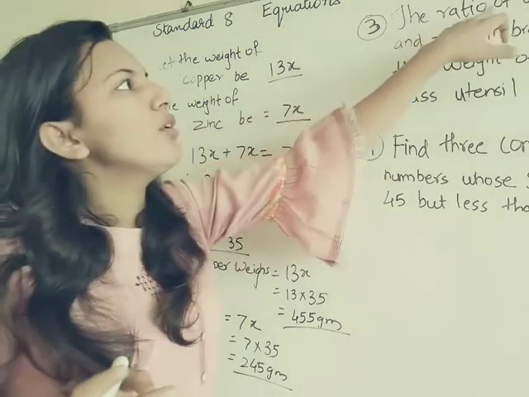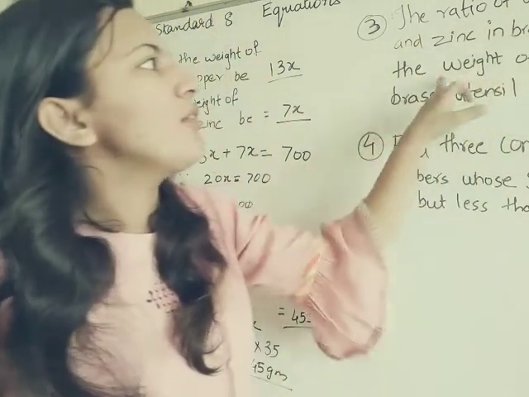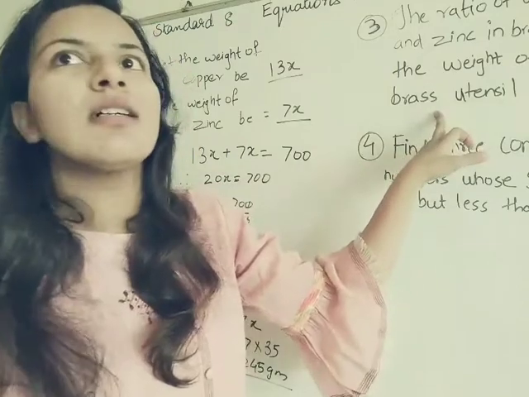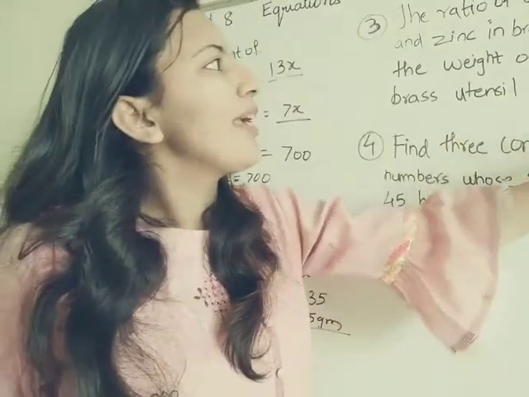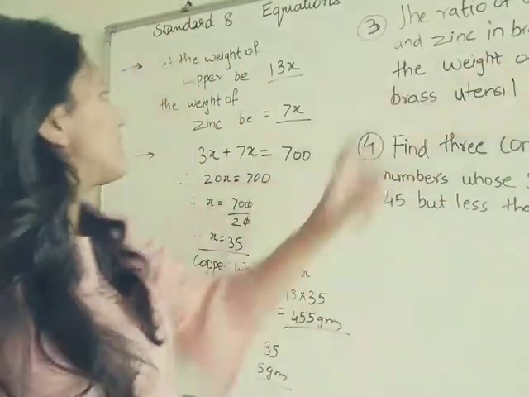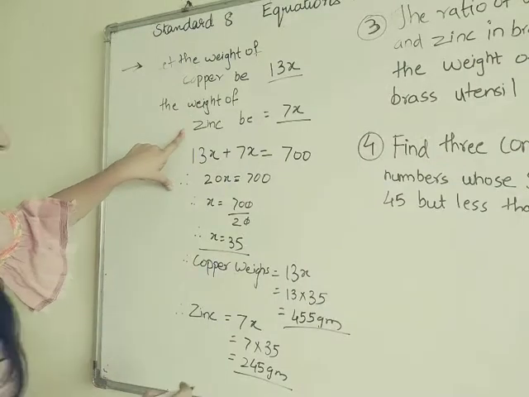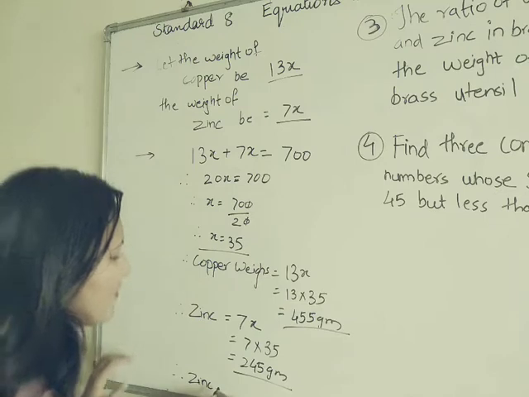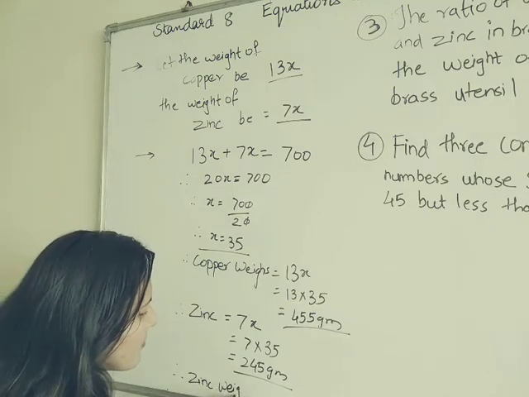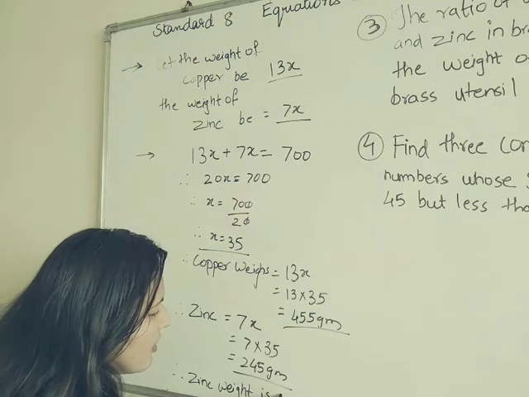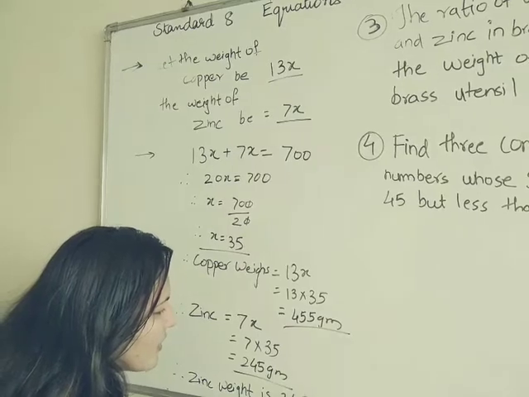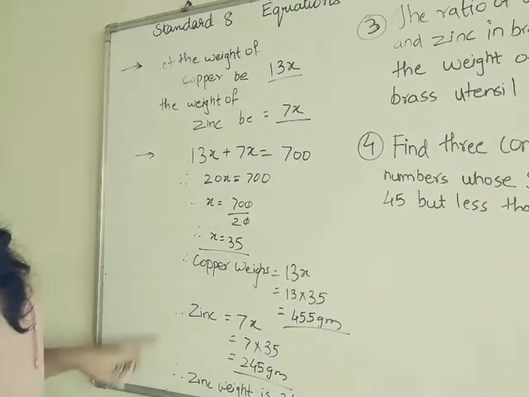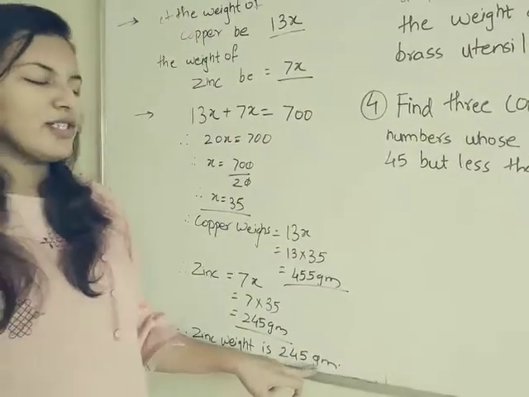The question was to find the weight of zinc in a brass utensil which is weighing 700 grams. So zinc is here 7x. So the zinc weight is 245 gram. So here we got the value of zinc weight, that is 245 gram.